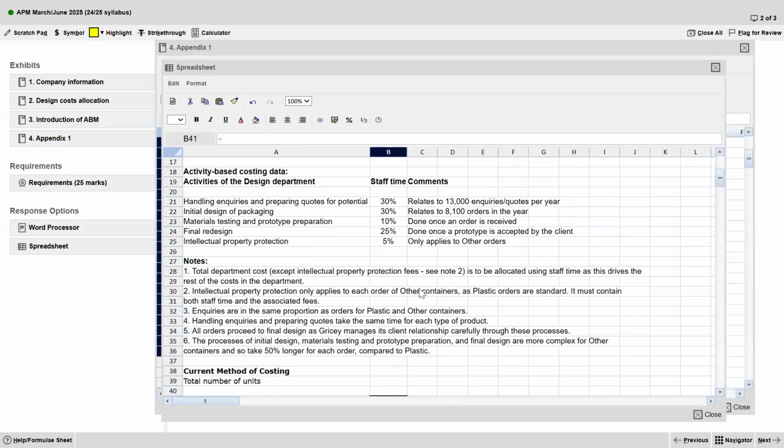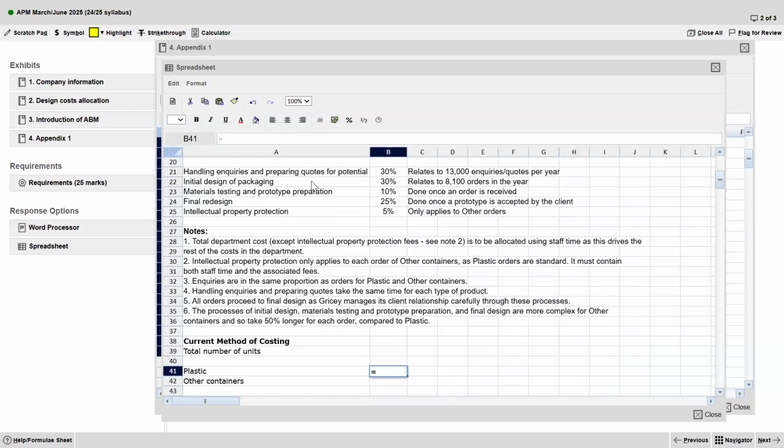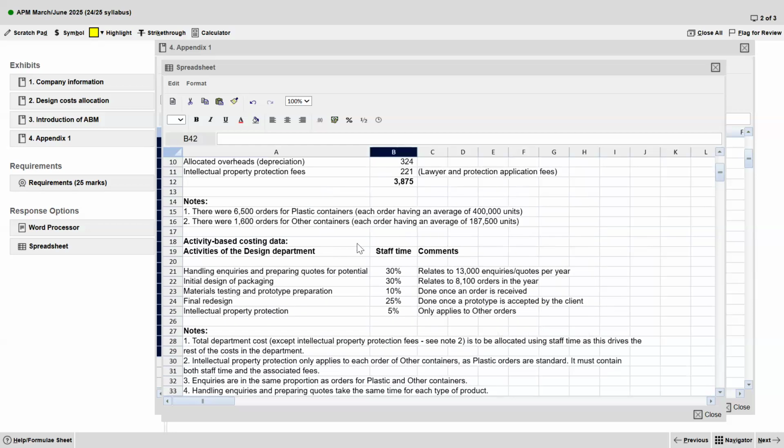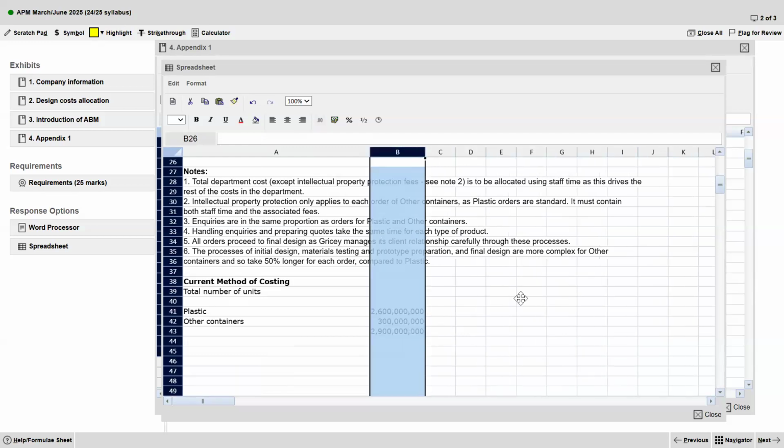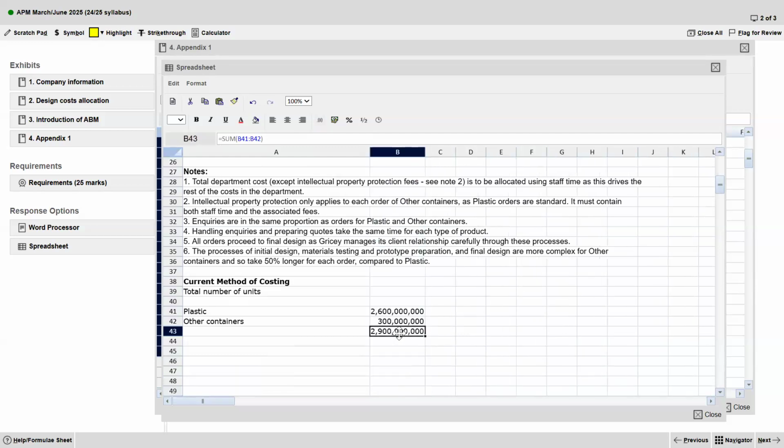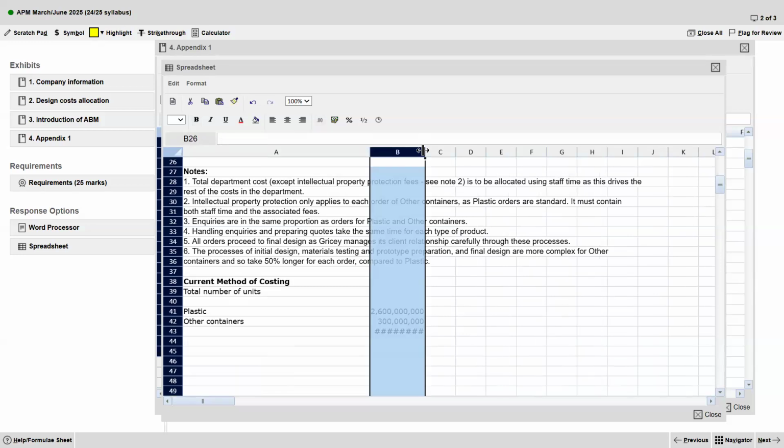So plastic containers are 6,500 times 400,000, and the other containers are 1,600 times 187,500. So total units that are to be produced are this much, 2.9 million.